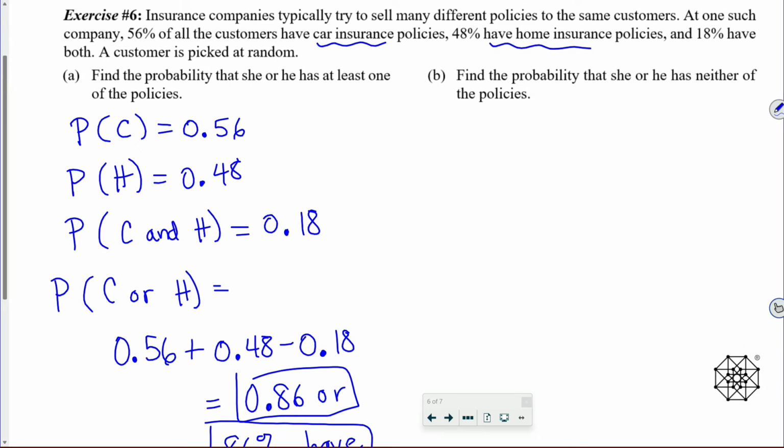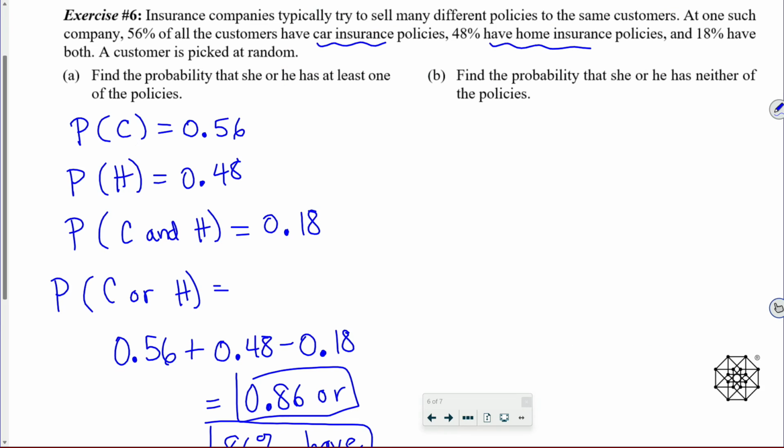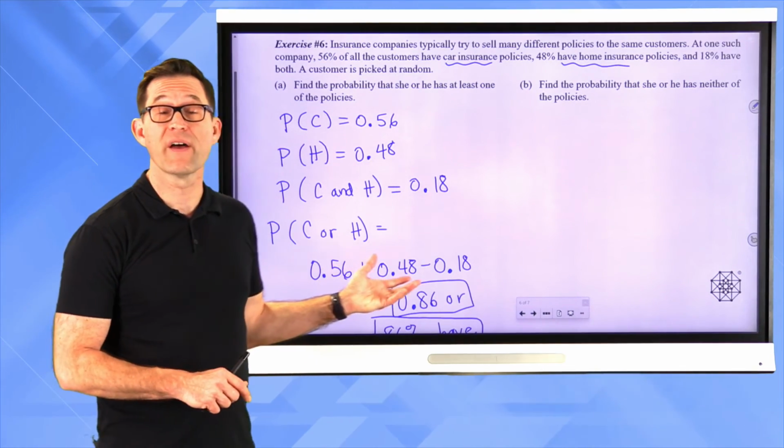Find the probability that she or he has neither of the policies. Pause the video now. See if you can figure that one out. Well, that is the complement of what we just found.